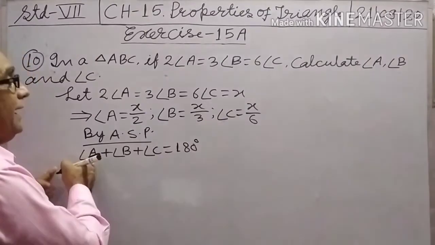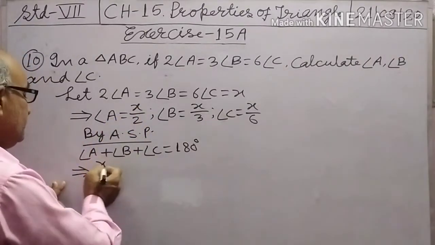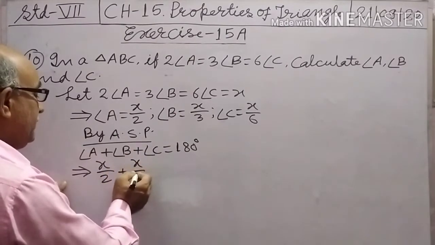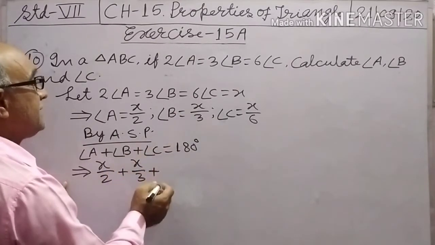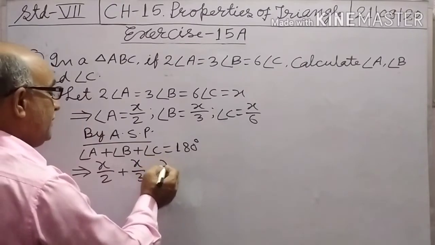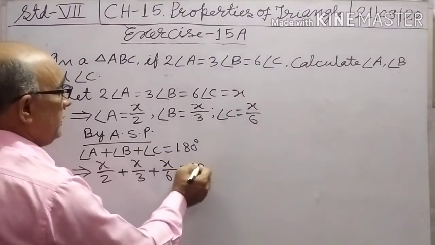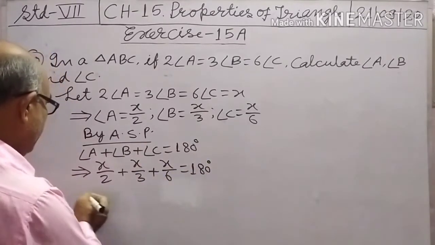That implies angle A equal to X by 2 plus angle B equal to X by 3 plus angle C equal to X by 6 equal to 180 degree.